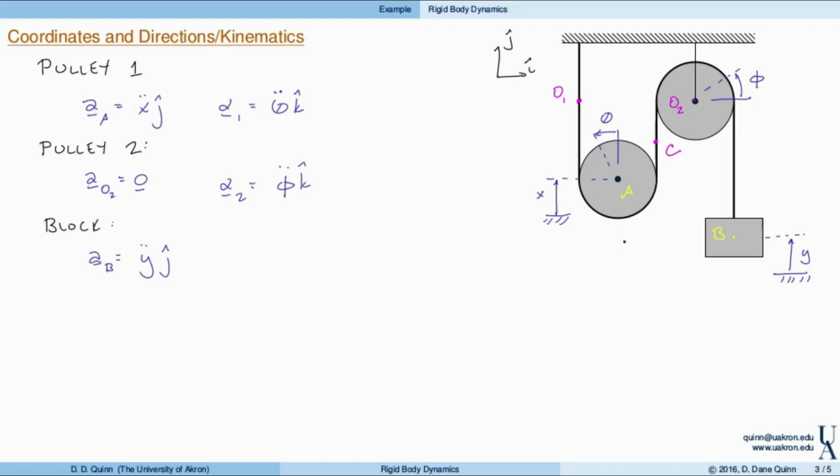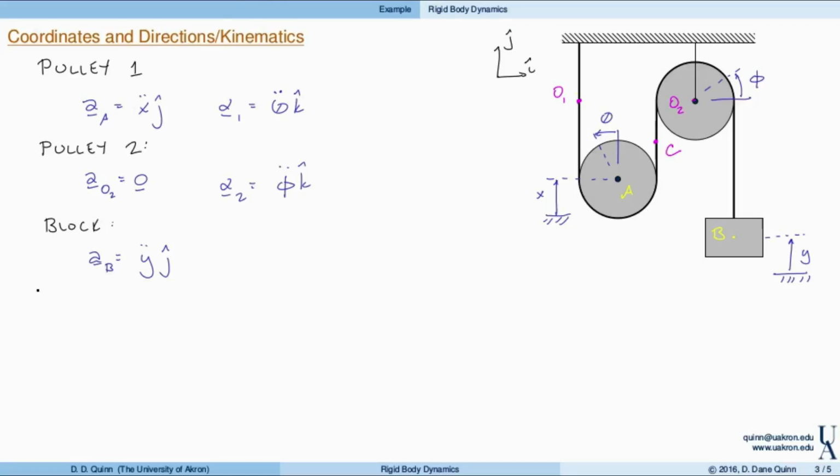So now we need to look at kinematics of this pulley system, because these coordinates are related. Right? x is related to y and theta and phi. So now we can describe those relationships with equations for the velocities of these various points.